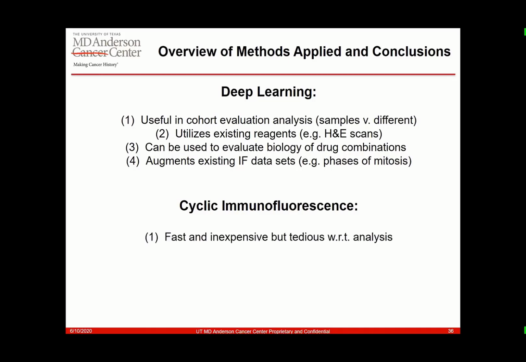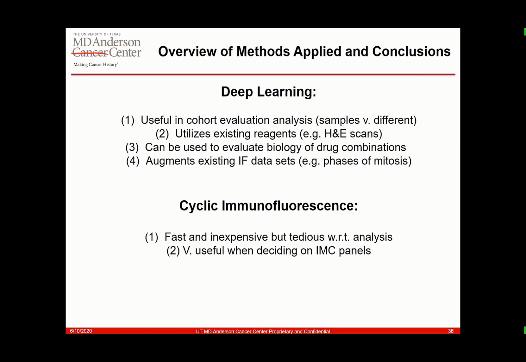As far as cyclic immunofluorescence, the way that we have started doing it is fast and inexpensive, but it is a little bit tedious with respect to analysis. It's useful when deciding on IMC panels, and by that I mean imaging mass cytometry, which is another way to do high dimensional analysis.